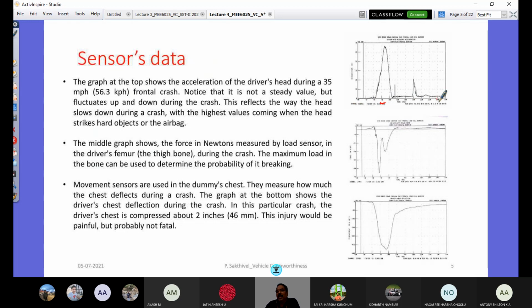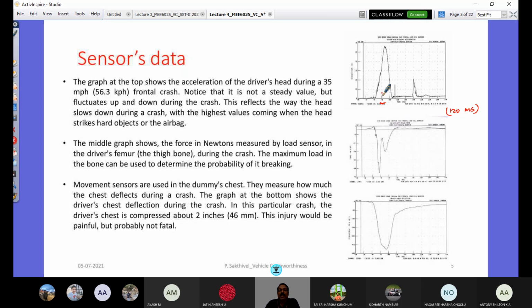If you look at this entire horizontal time scale, it is 120 milliseconds. So it's not even a second. The entire crash event happens in a fraction of a second, a 120 millisecond duration. In this few milliseconds, you see a sudden peak in acceleration, then it falls and goes like that. So it is not a constant acceleration value. Like in the case of ride RMS acceleration measurement, where at a particular speed there will be a particular value, as in the vehicle dynamics we looked at for steady state motion.